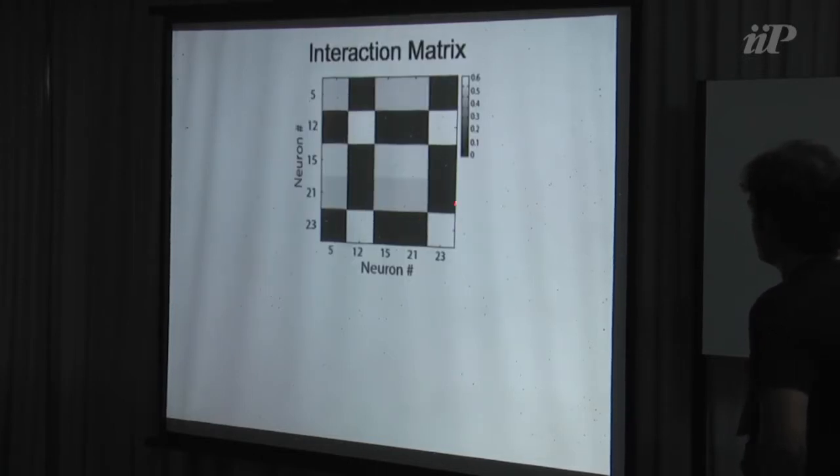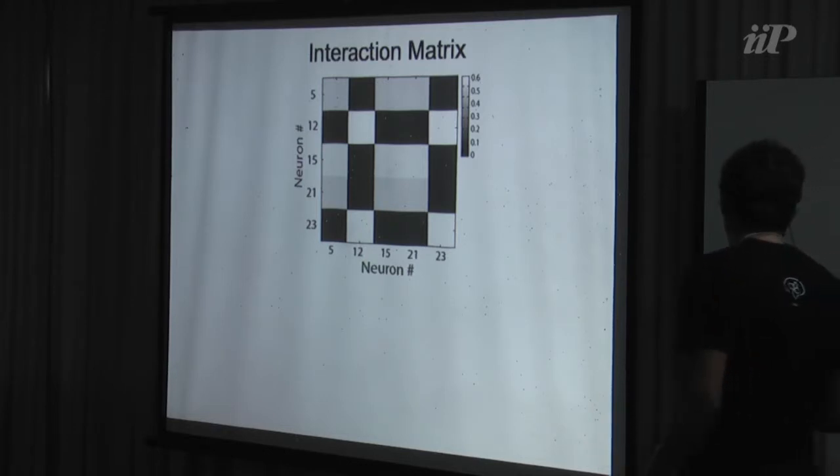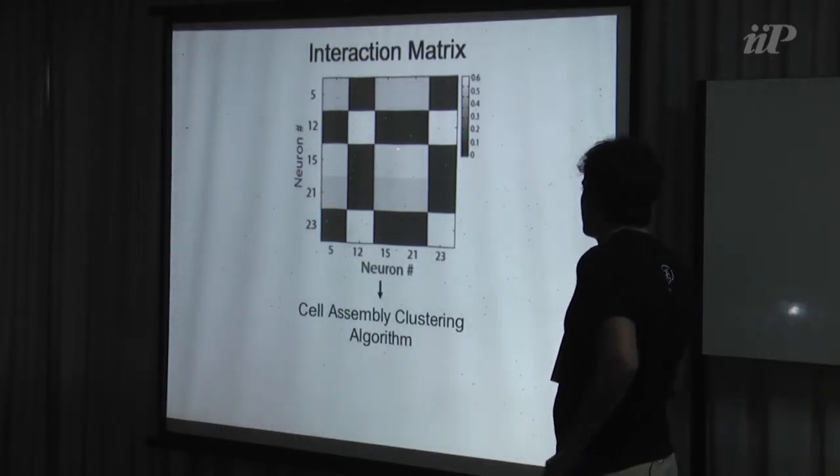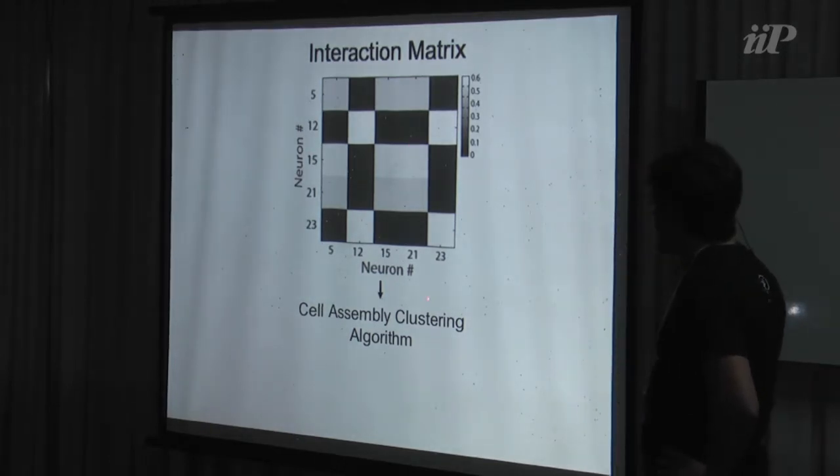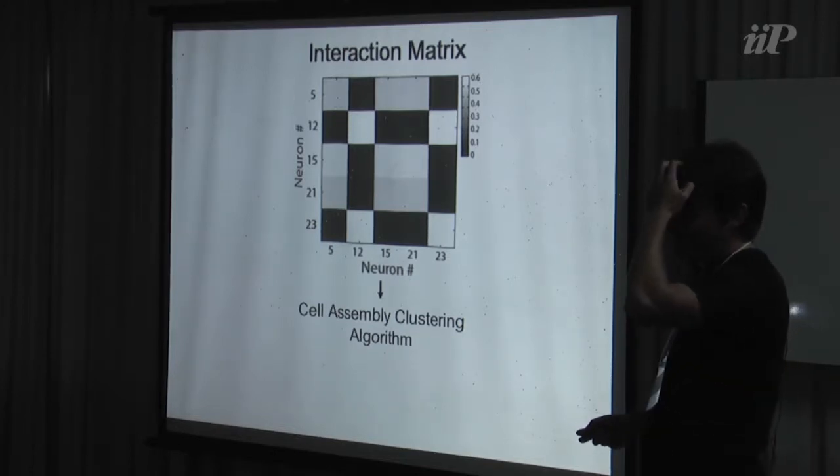And what we do from here, we apply a threshold and make this either 0 or 1, and then we have a clustering algorithm. In this case, again, we don't need any math, you just look and see who are the cell assemblies, but it's going to get more hairy than this. There is an algorithm that can cluster which neuron pertains to which. To be honest, the algorithm is quite difficult.